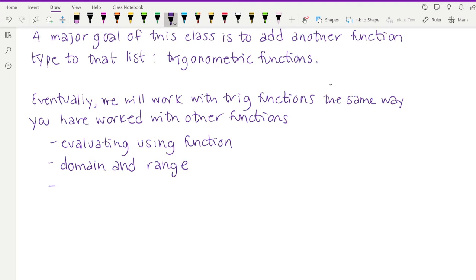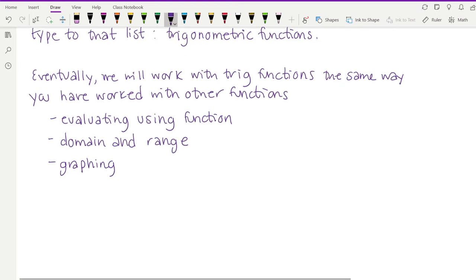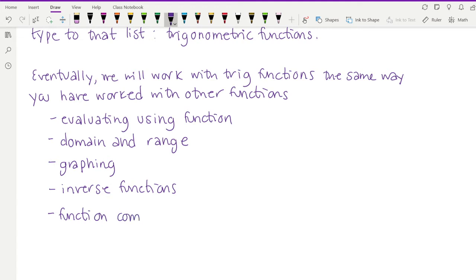You'll also be able to graph different trigonometric functions as well as transformations of those trigonometric functions. You're also going to be learning about the inverses, so inverse functions for trigonometric functions. You're also going to be doing function composition. We're also going to do applications. So these are all different things you can do with functions, right?